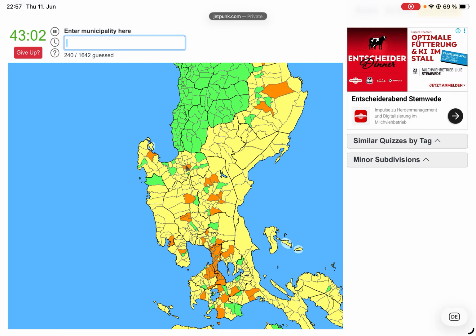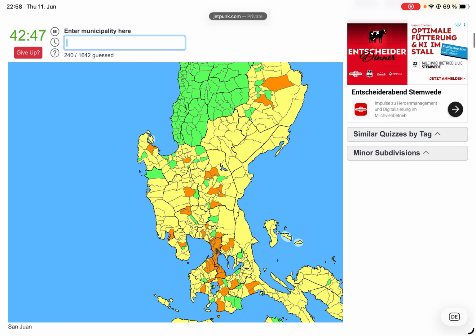Basically, all of these orange highlighted areas, they are one of three things. Either they're component cities in the most likely case, or they are highly urbanized areas, like is the case for most of the cities right here in the National Capital Region, or they are independent component cities, such as Dagupan. And without getting too deep into it, basically, every single one of these component cities has a different degree of autonomy and self-governance.